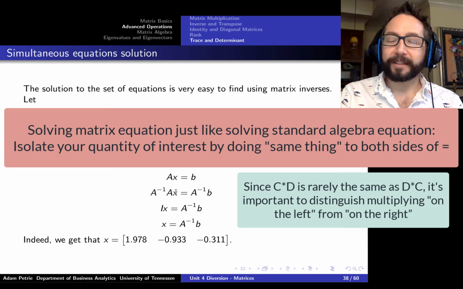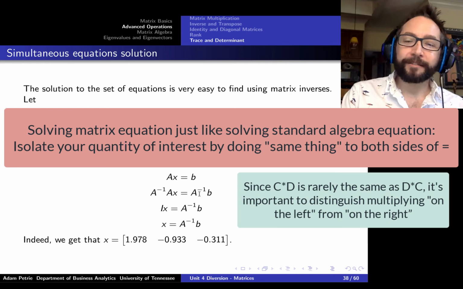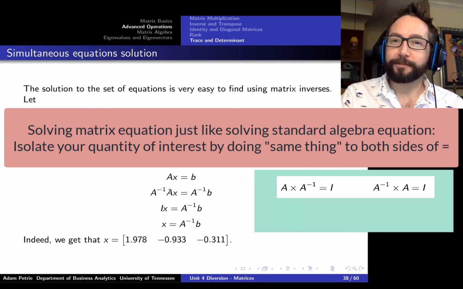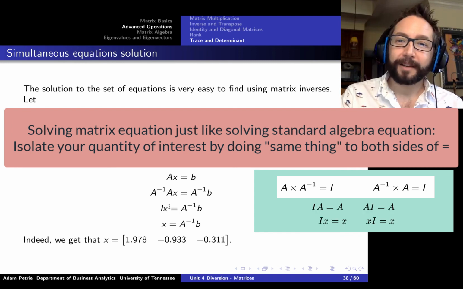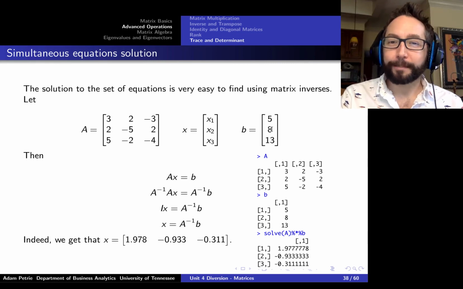So if we multiply the left-hand side and the right-hand side by A inverse, that's an okay thing to do. But then the inverse of a matrix times the matrix itself is always the identity matrix. The identity matrix times something is always that something. So we can solve that system of simultaneous equations by taking the inverse of that A matrix and then multiplying it by the matrix giving the values on the right-hand side of those equal signs. So easy enough to solve that.